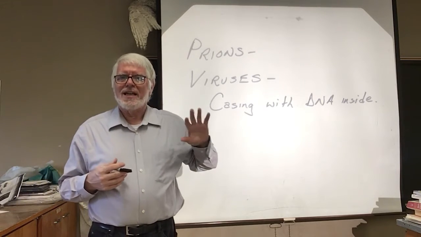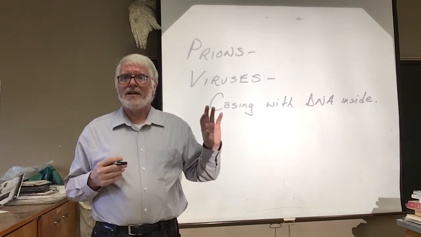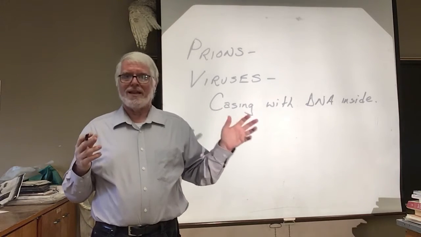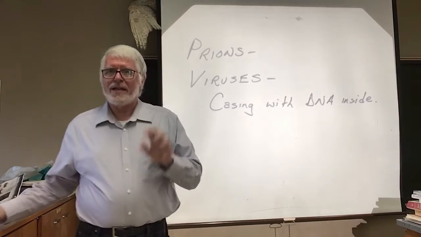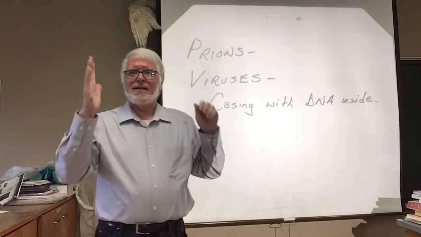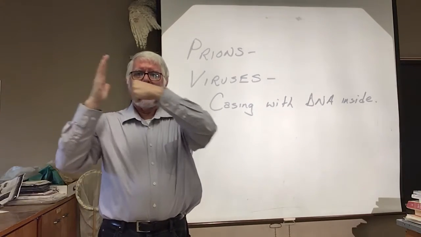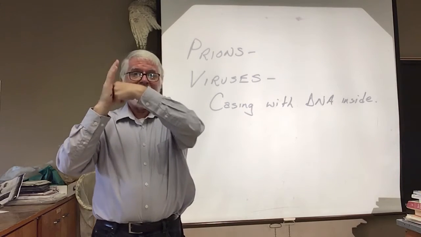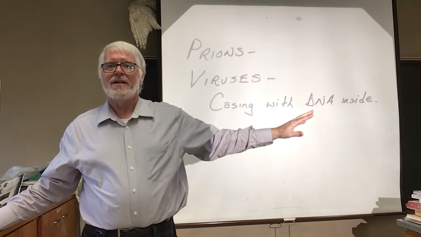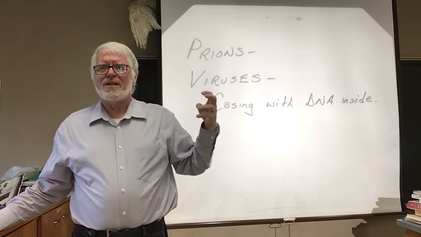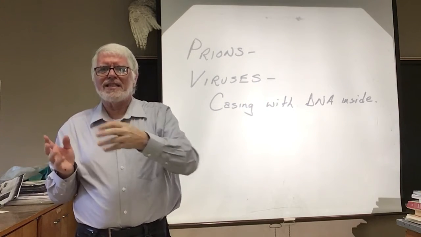But these things need to get into a cell in order to do anything. So something on the casing is going to hit the host cell, stick there, and then changes will happen that will move at least the DNA into the cell. Sometimes the whole viruses get into the cell and then the casing opens up.